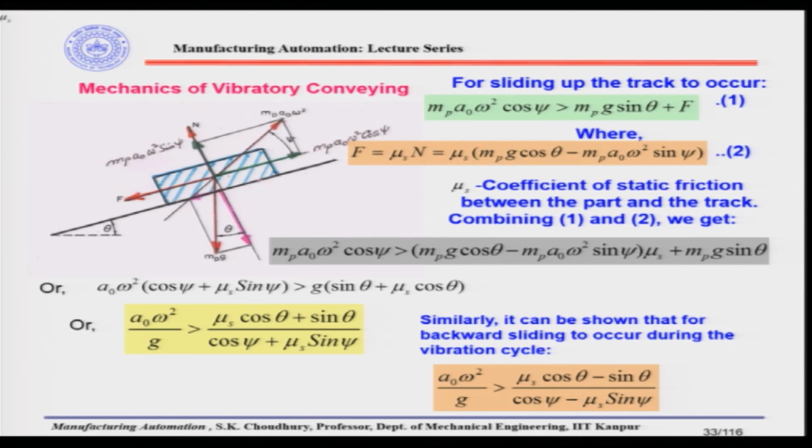In the direction of the normal force, MP A0 omega square has a component MP A0 omega square sin psi, and in this direction it is the cos psi.